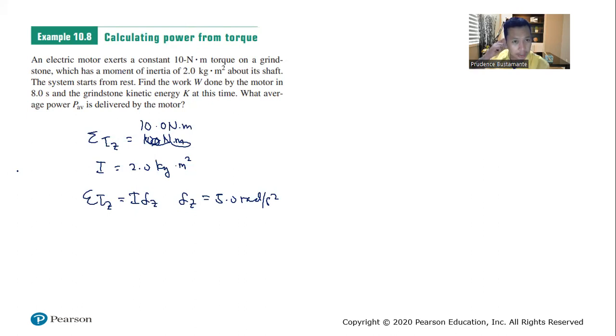So we're going to use motion with constant angular acceleration. Let's go back to equation 10.7. How do we find the acceleration?